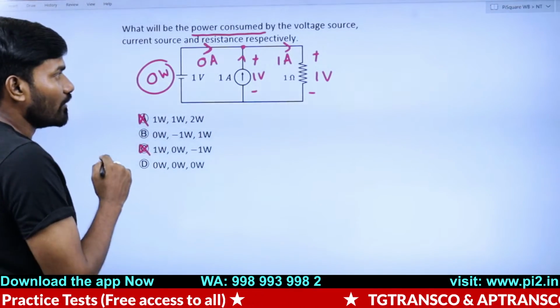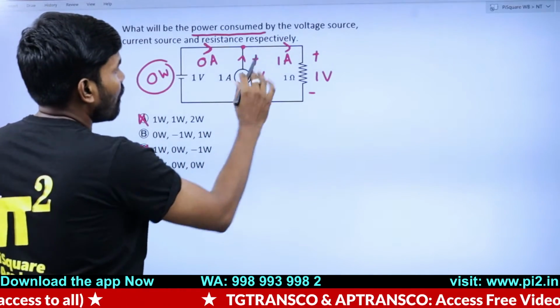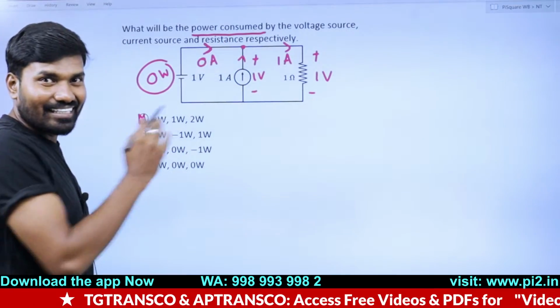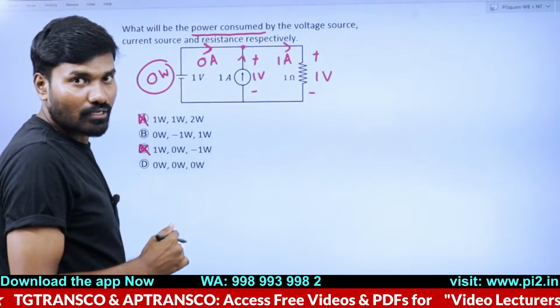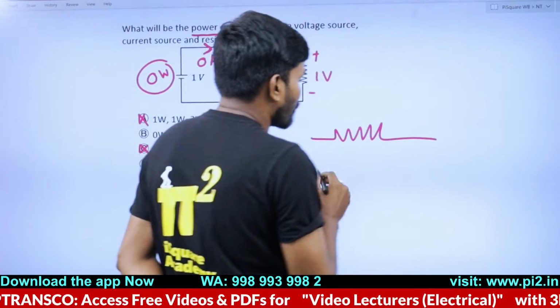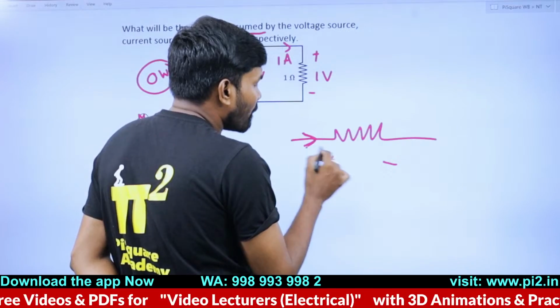Now coming to the current source, 1 volt, 1 ampere, it is delivering the power. If it is a passive element consuming the power, then the current entering terminal will be positive.